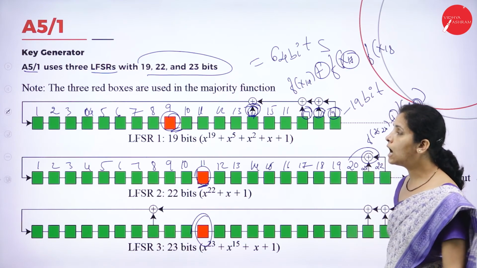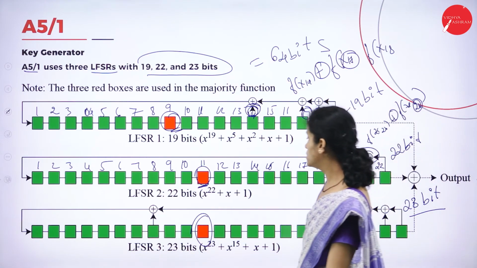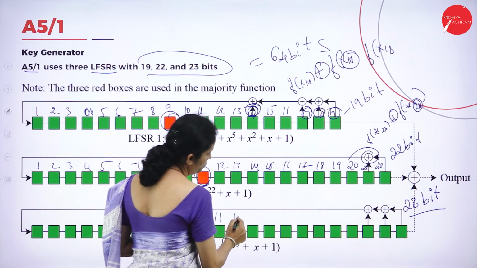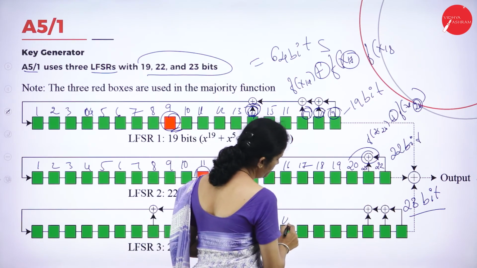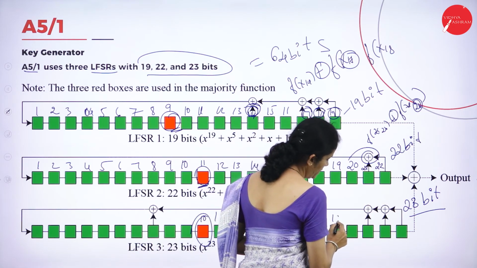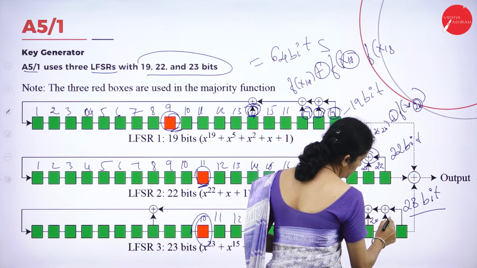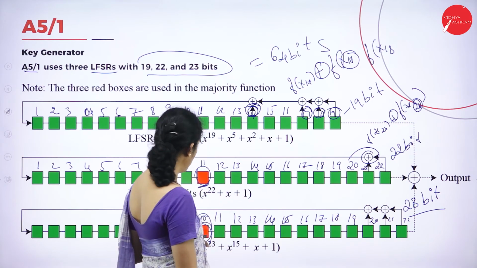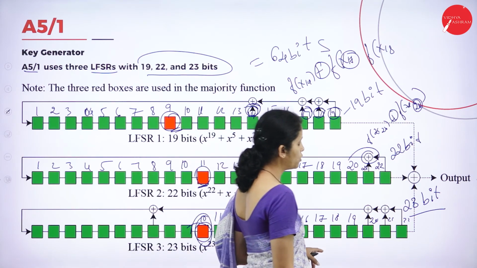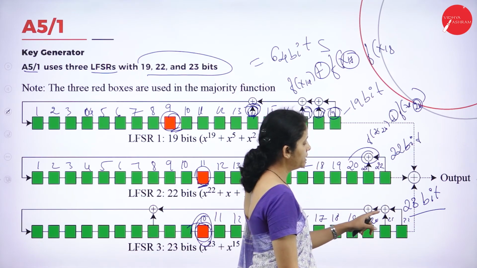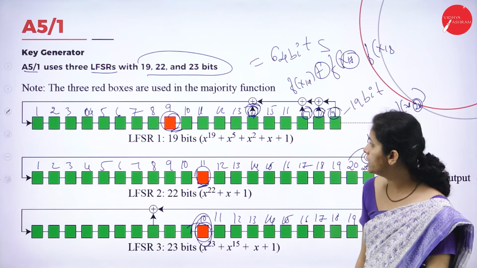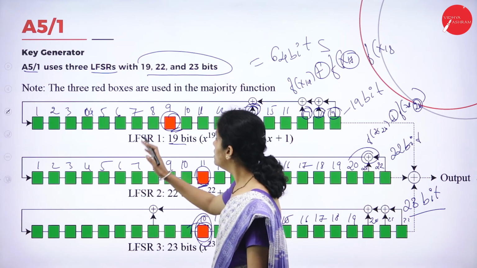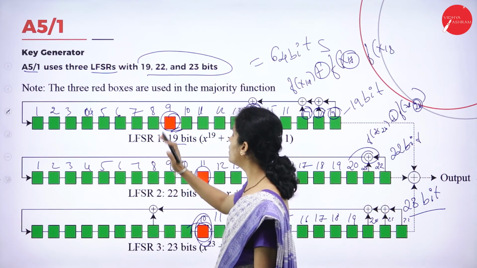For the last register, I start from 0 and count 10, 11, up to 22. My clock is the 10th position, and I perform the XOR operation with the 20th bit, 21st bit and 22nd bit.